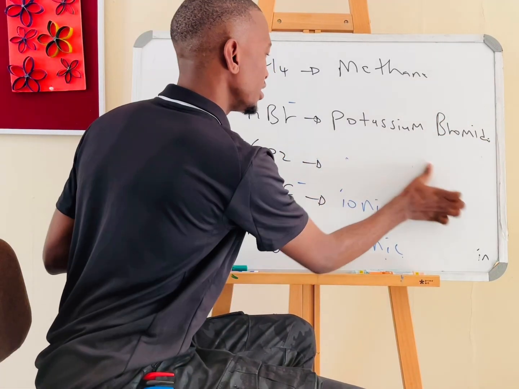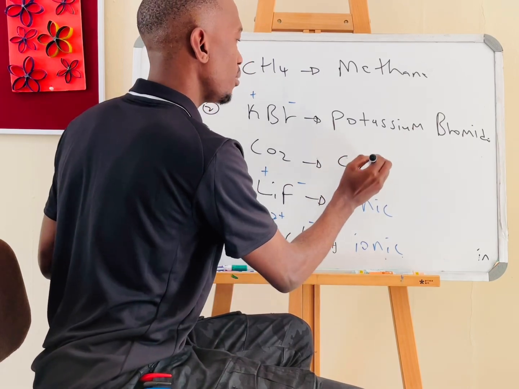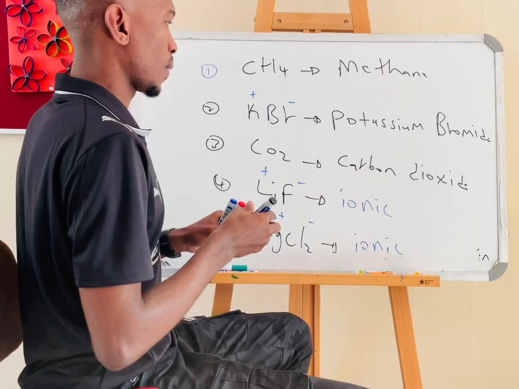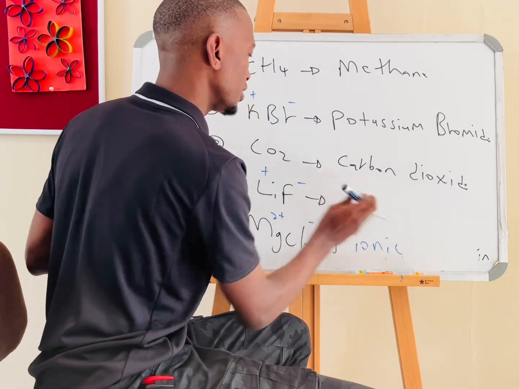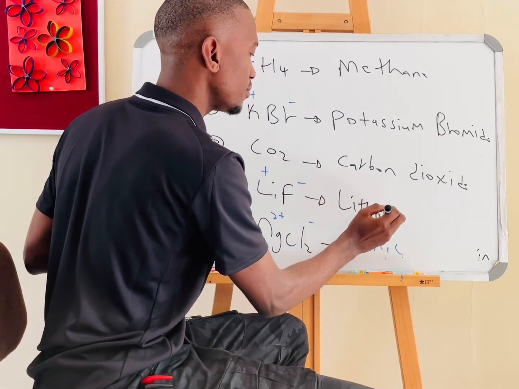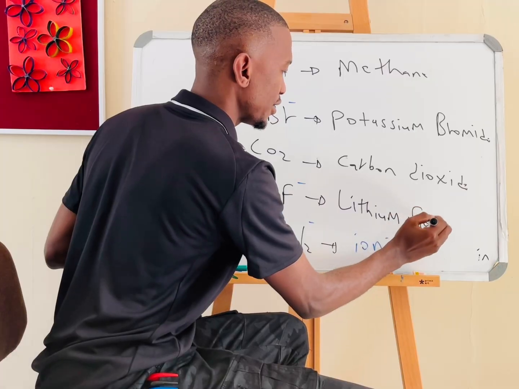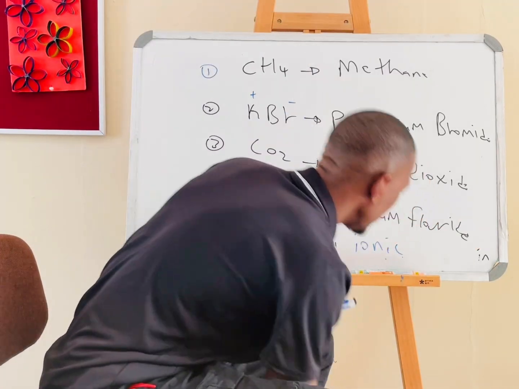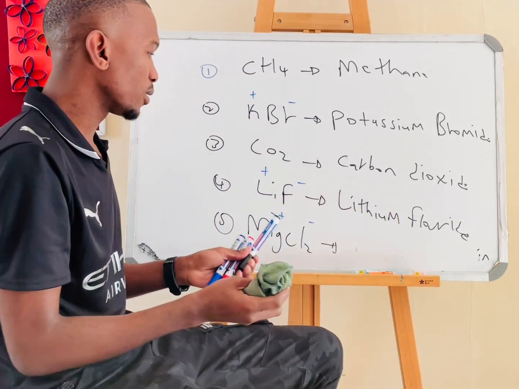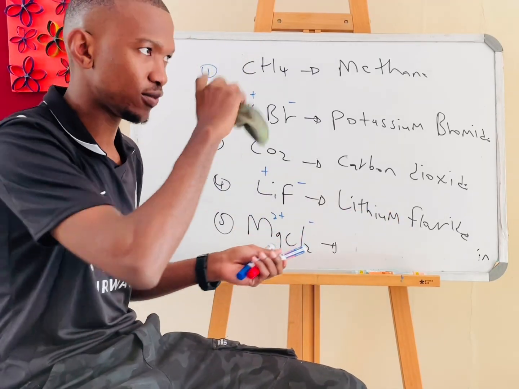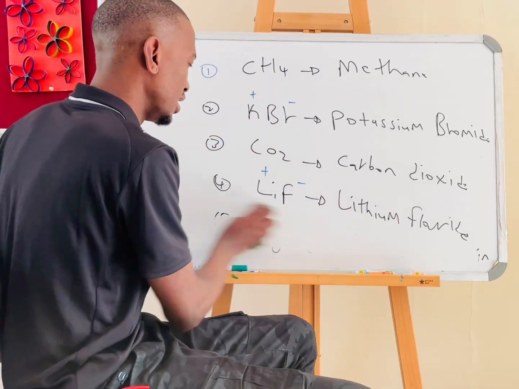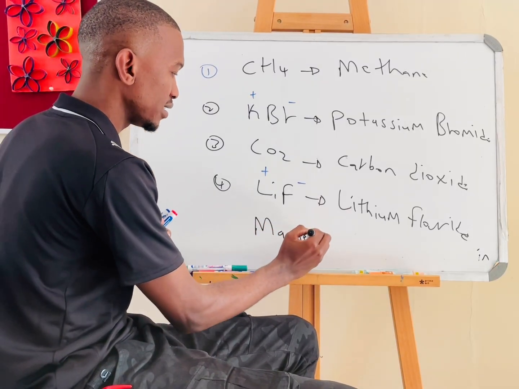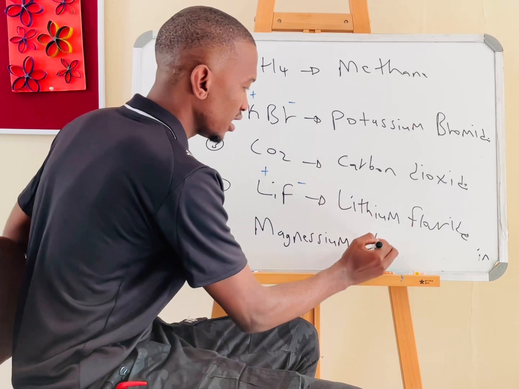This one is called carbon dioxide, this one is called lithium fluoride, and the last one is called magnesium chloride. I think we did this one before, but it's fine. Since the space is small, I can just write it here. That one is magnesium chloride.